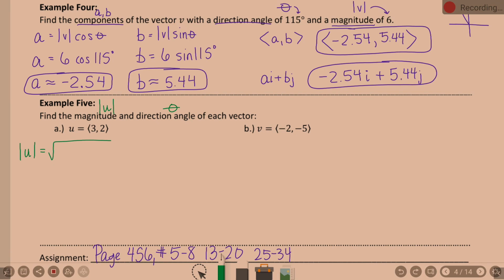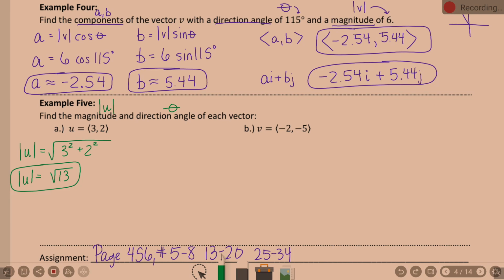So that's going to be 3 squared plus 2 squared. 3 squared is 9, 2 squared is 4, 9 and 4 is 13. So the absolute value of U, I'm saying U because it's vector U, is the square root of 13. That is our magnitude.